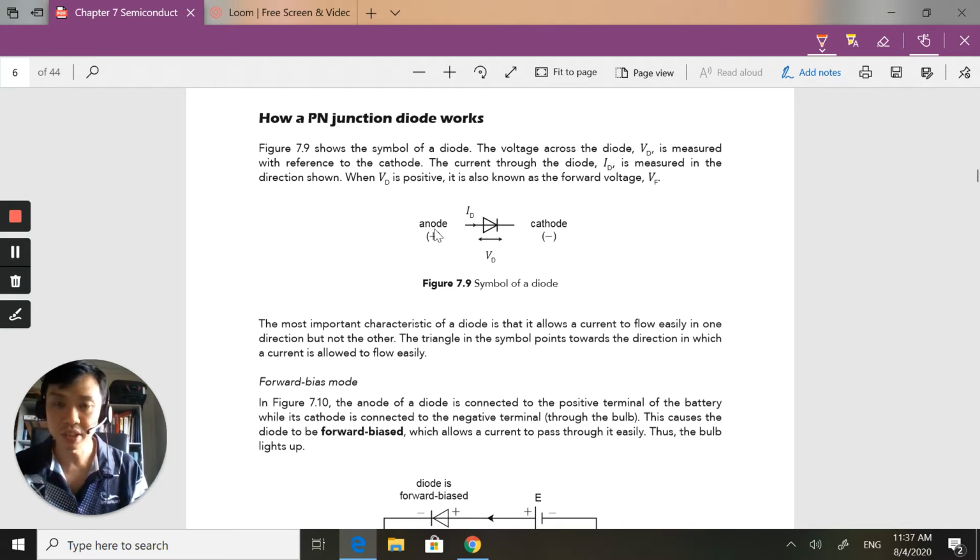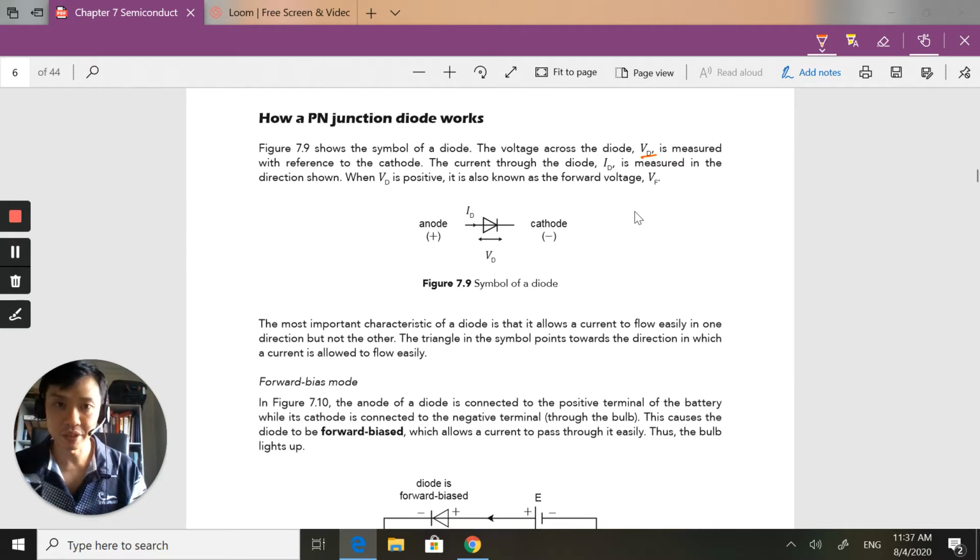Specifically, current flows from the anode through to the cathode, right? The voltage across the diode is called VD, and the current through the diode is called ID. Now, when VD is positive, it is also known as the forward voltage.